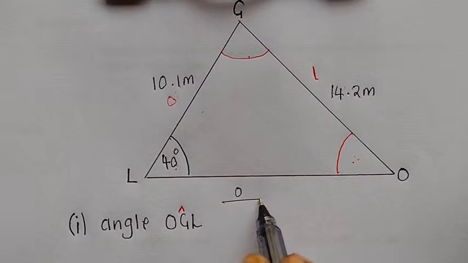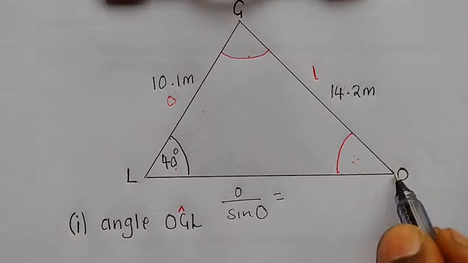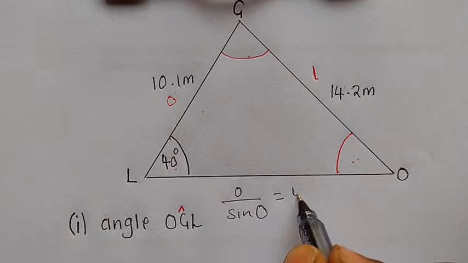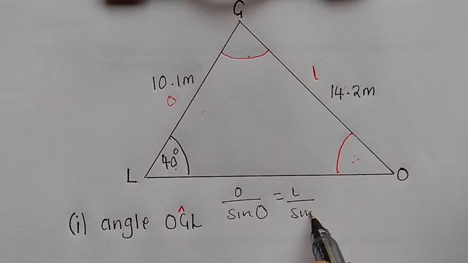So we are going to say o over sine O equal to small letter l over sine L. This is what we are going to use.